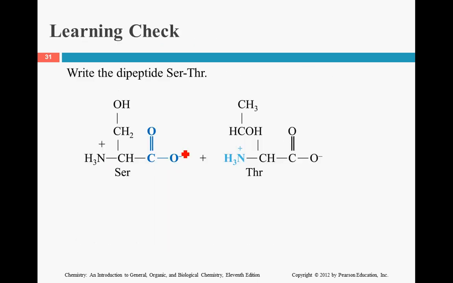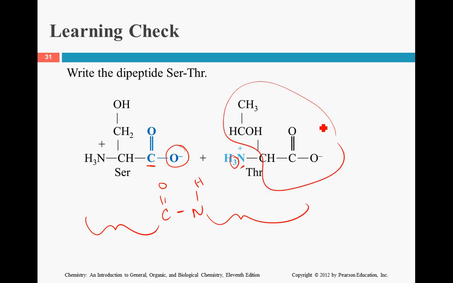So for instance here, this oxygen and 2 of these hydrogens would go away. What would be remaining is the carbon-oxygen double bond, which is then bonded to the nitrogen, and that's also bonded to a hydrogen. The rest of it is going to be exactly identical to what's up here.